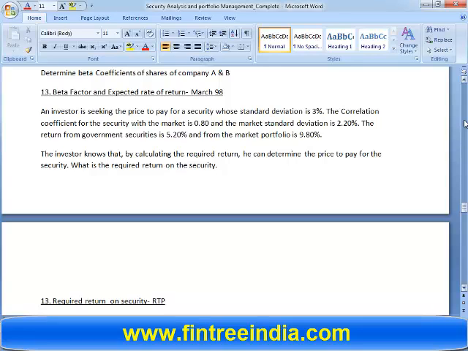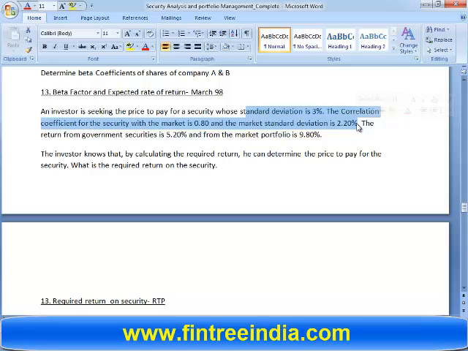Now, have they given us return on market here? Given 9.80. Have they given return on government security? Yes, which is a risk-free rate of return. So what do we need apart from this? We need beta. Do we have data to calculate beta? We have correlation coefficient, then we have standard deviation of the market, and we have standard deviation of the stock. Is that data sufficient to calculate beta?